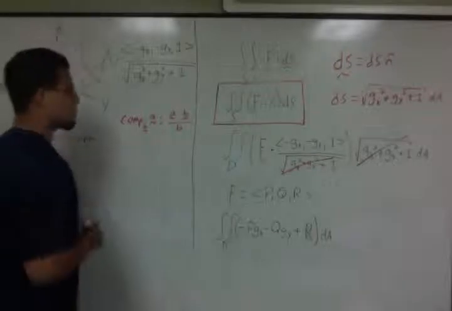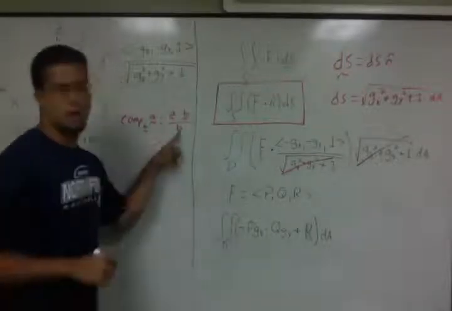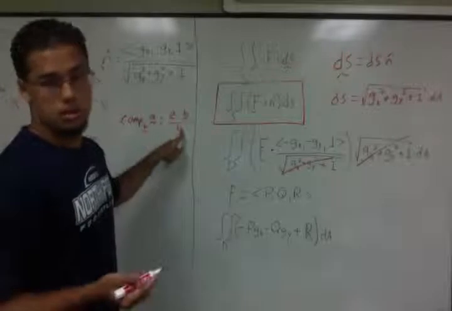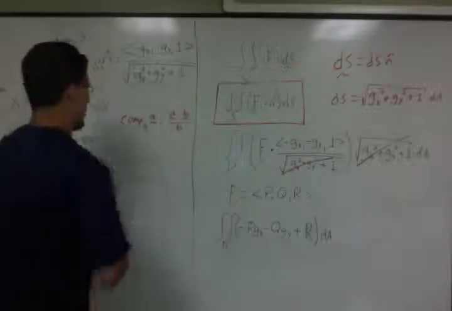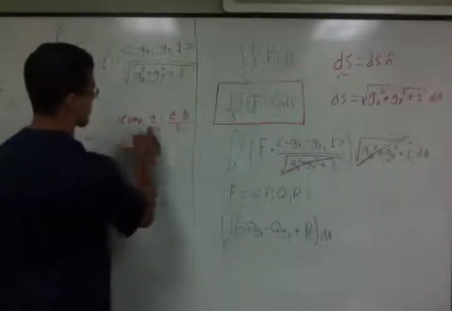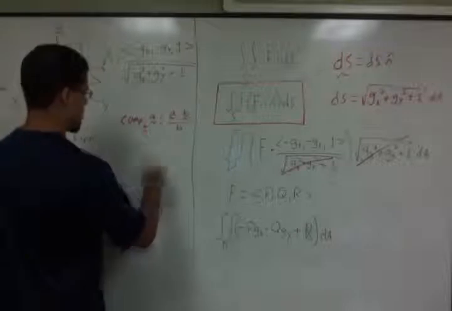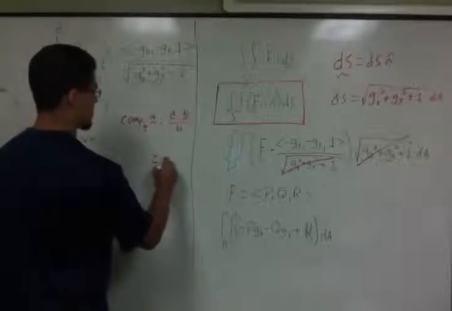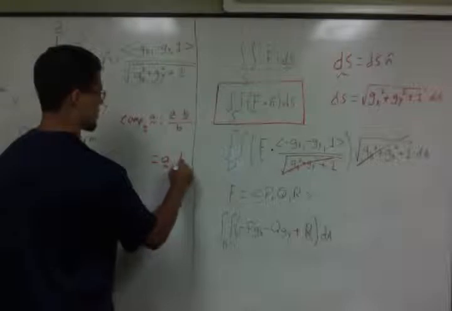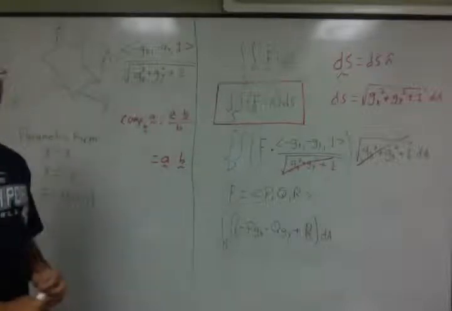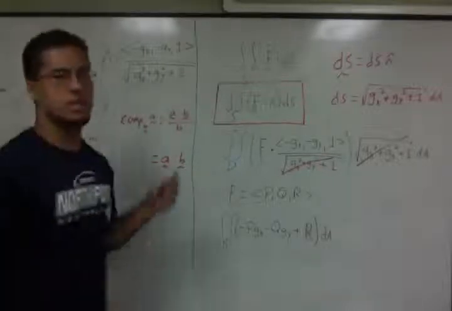So if B is a unit vector, then you're dividing by the magnitude of B, which is 1, which is just a dot product. So that means that the component of A in the direction of B would be just a dot product between A and B. Okay? So conveniently, this is the case here.